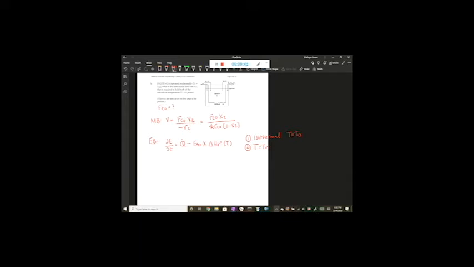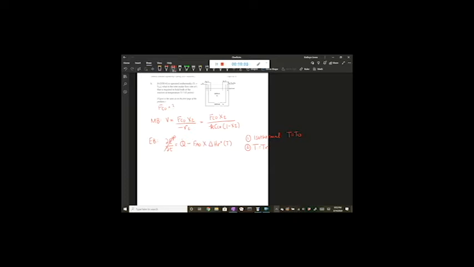So, of course, we are at steady state, so this goes to 0. But in this case, we need to be looking at our entire system. So we have to be looking at both reactions for this entire system to be at steady state.